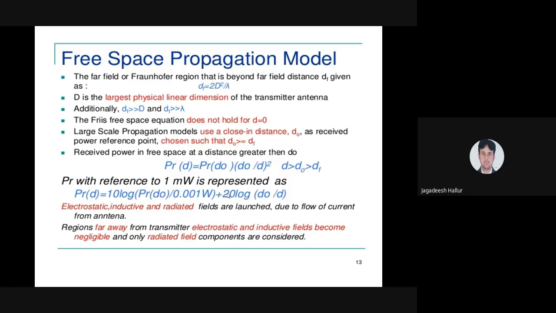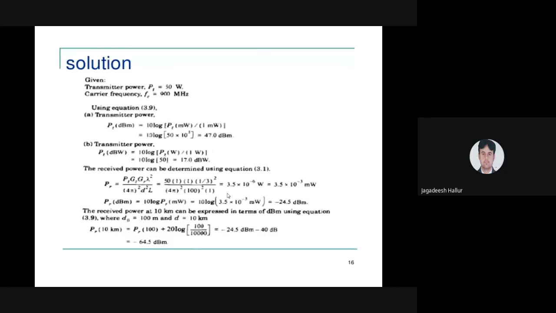If you convert that equation into decibel value, PR of D is equal to 10 log of PR of D naught plus 20 log of D naught divided by D. So the final equation for calculating PR at 10 kilometer is PR of D naught plus 20 log of 100 divided by 10000.